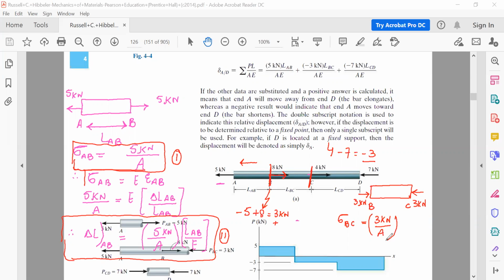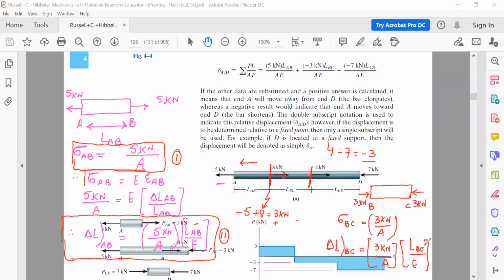Okay, now again calculate the change in length using the previous formula, which I can directly write. The change in length in the section BC is equal to, here we had 5 kilonewton by A, here it will be 3 kilonewton divided by A, multiplied by length of BC divided by Young's modulus of elasticity.